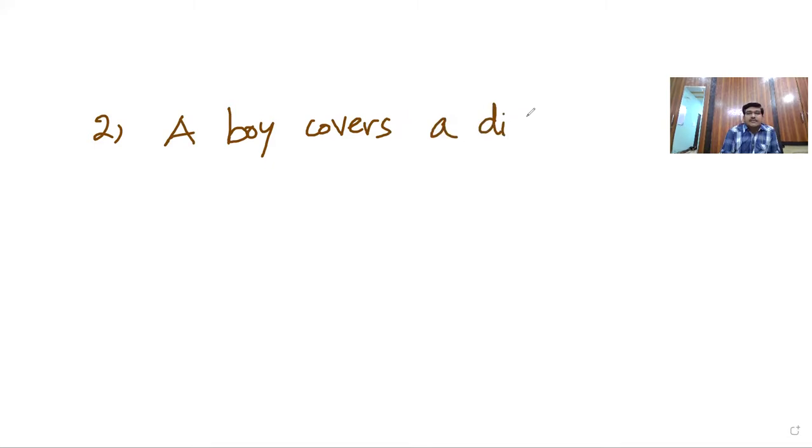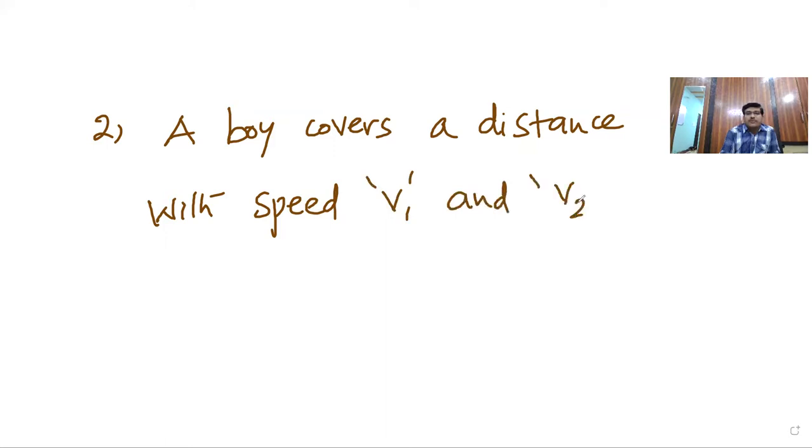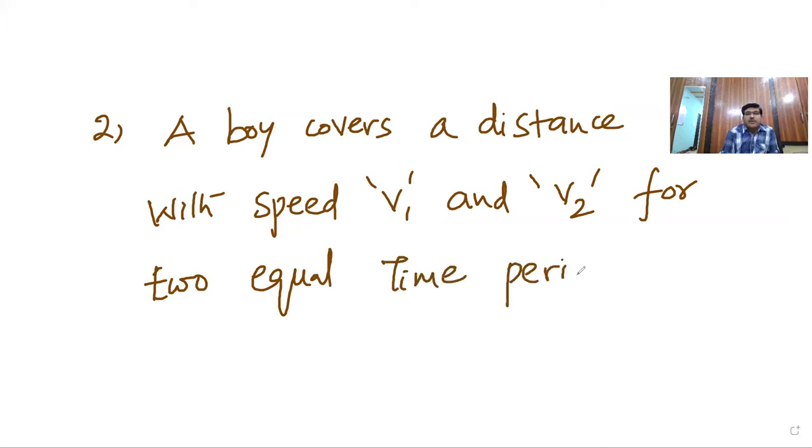Now, let me take up another problem. Second problem: a boy covers a distance with speeds of v1 and v2 for two equal time periods.